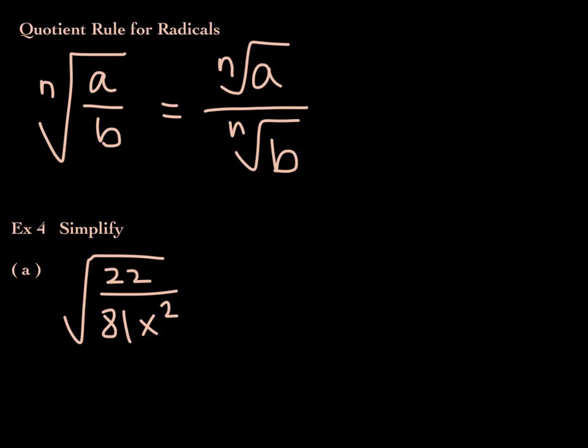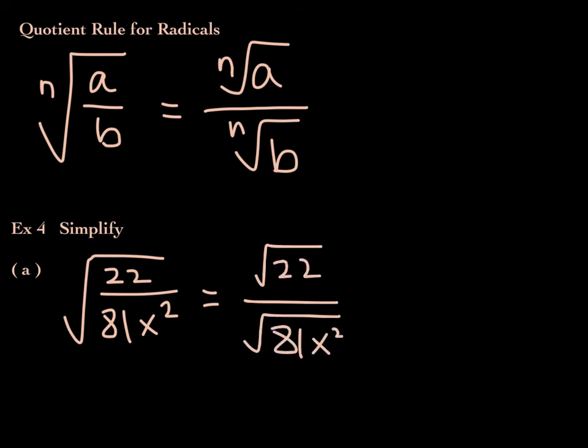So let's use it for this example. Simplify the square root of 22 over 81x squared. The quotient rule for radicals says that the square root of this quotient is equivalent to the quotient of the square roots, like this. The square root of 22 is just the square root of 22.